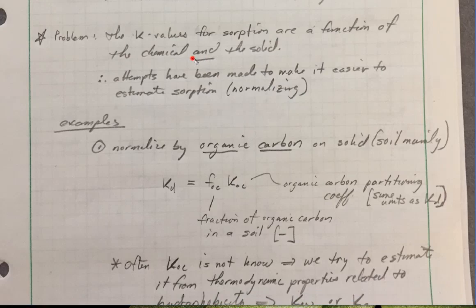Sorption depends on the chemical and the solid. A little different than other things we talked about, like vapor pressure or solubility. This one you need to know two things. You need to know what the chemical's like, and you need to know what the solid's like.